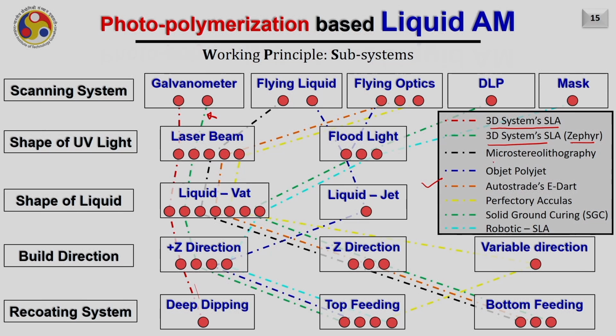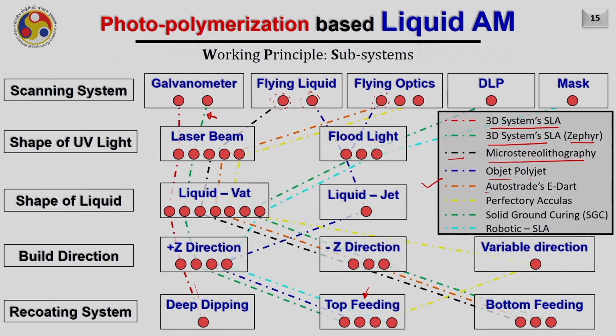And then this black color ribbon shows the microstereolithography. It uses flying liquid. Then Objet PolyJet, which uses flying liquid as well as flying optics, both together, this blue line, utilizes floodlight and liquid jet, builds the part in plus Z direction and provides the material by top feeding.